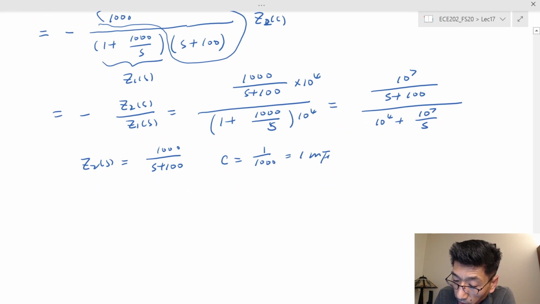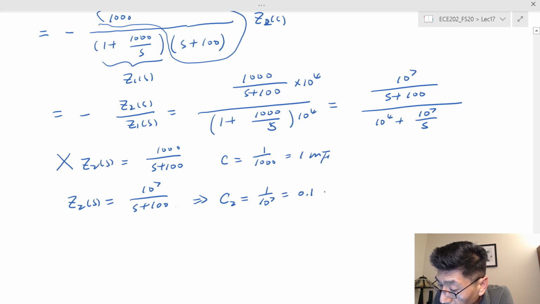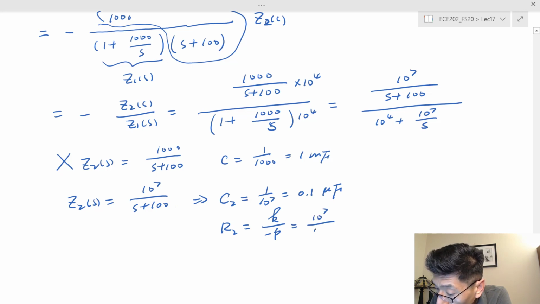And now Z1 is, so this Z2 doesn't work. I would like to have Z2 equal to 10 to the power 7th over S plus 100. So in this case, let's call it C2. C2 is going to be equal to 1 over 10 to the power 7th, which is 0.1 microfarad. And R2 is just equal to K over negative P, which is 10 to the power 7th over negative P is 100.